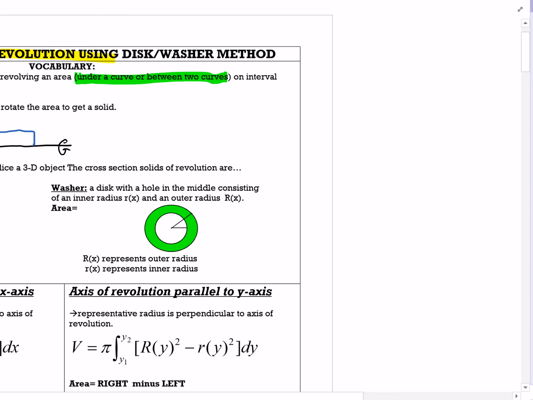Then each point is going to be rotated around like this, and it's going to create this shape, which in this case forms a sideways cylinder.